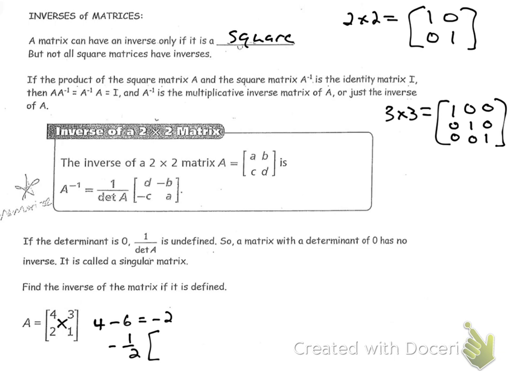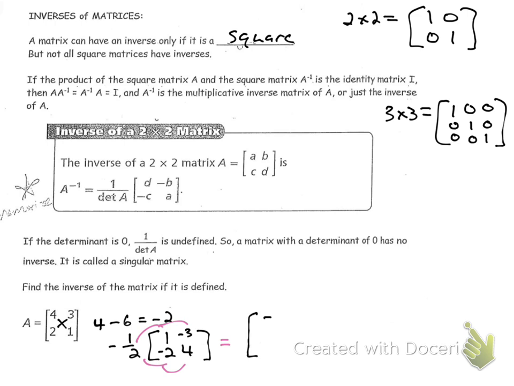I will flip A and D. So that will be a 1, and that will be a 4 on the bottom right. And then I need to multiply B and C by -1. So that'll become a -3 and a -2. From there, I will distribute 1 over the determinant. I will distribute that -1/2 to each term.